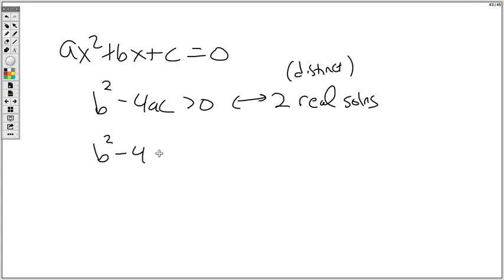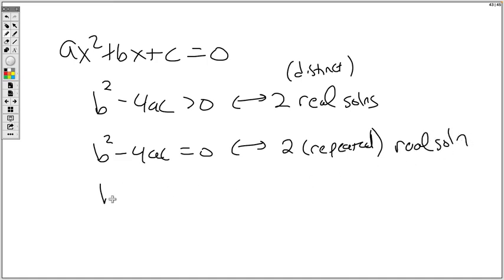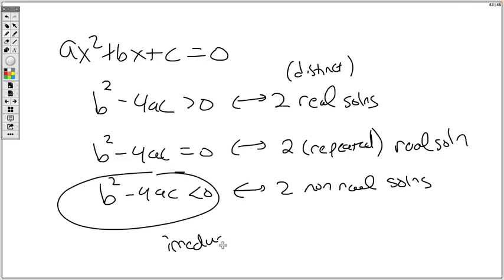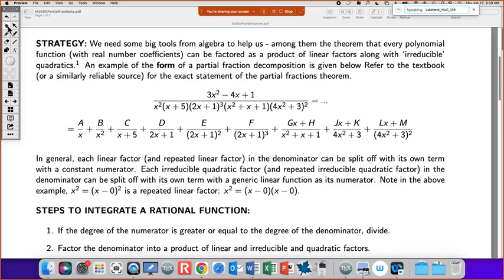If it's equal to 0, you get 2 repeated real solutions. And if the discriminant's negative, you get 2 non-real solutions. So irreducible means you can't factor them into linear factors in the real numbers because they have non-real zeros, right? Non-real solutions. So a little algebra review there.